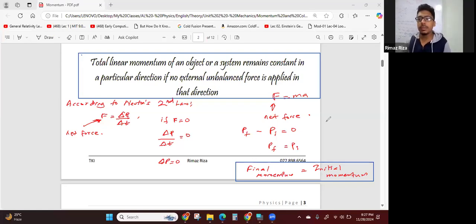So if there is no unbalanced force acting on an object in a particular direction, then momentum will be conserved. If the momentum is conserved, it means the change in momentum will be zero. So therefore, the final momentum is equal to the initial momentum of the object or system, whatever we are considering. If you finish writing this, you can raise your hand.